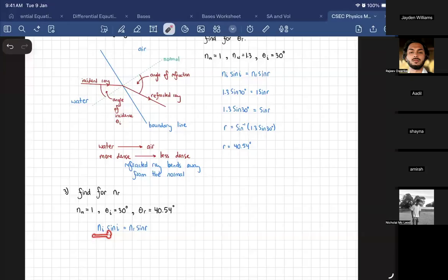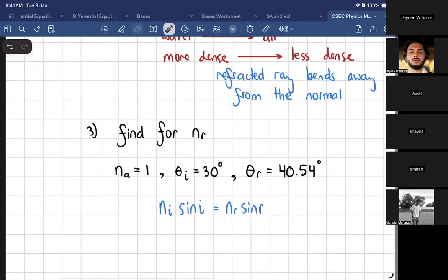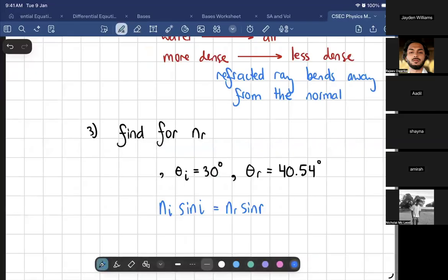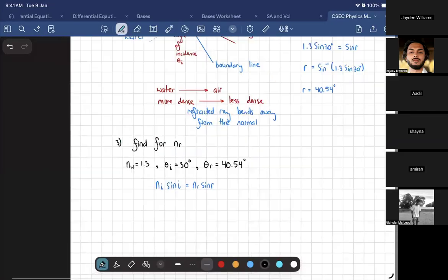You're going to use 1.3. Yeah, you're going to use 1.3.